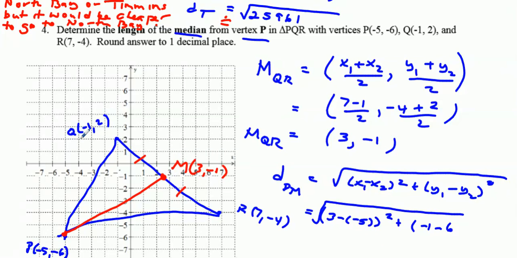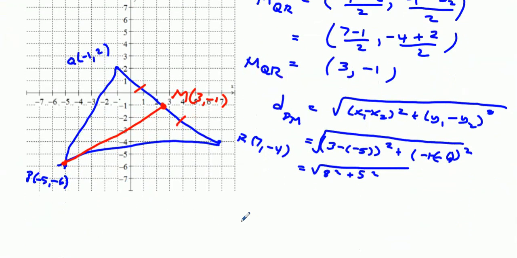So when we sort out all our minuses here, we end up with 8. So this is the square root of 8 squared plus, this one's tricky, minus 1 minus 6 is going to be minus 1 plus 6, which is 5. So this is equal to the square root of 64 plus 25, which is the square root of 89.